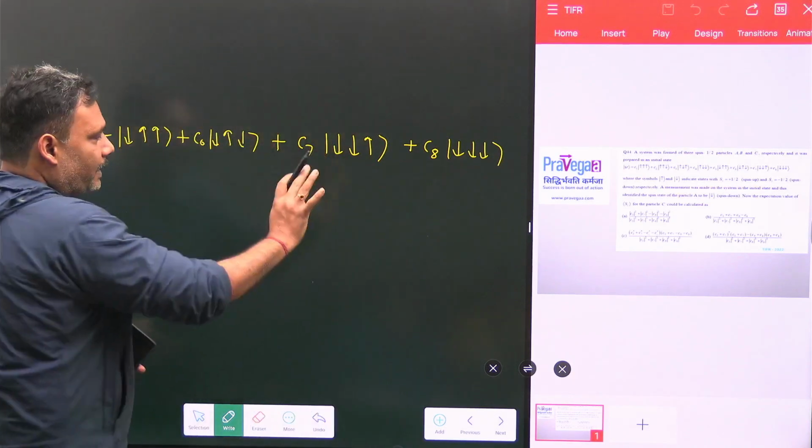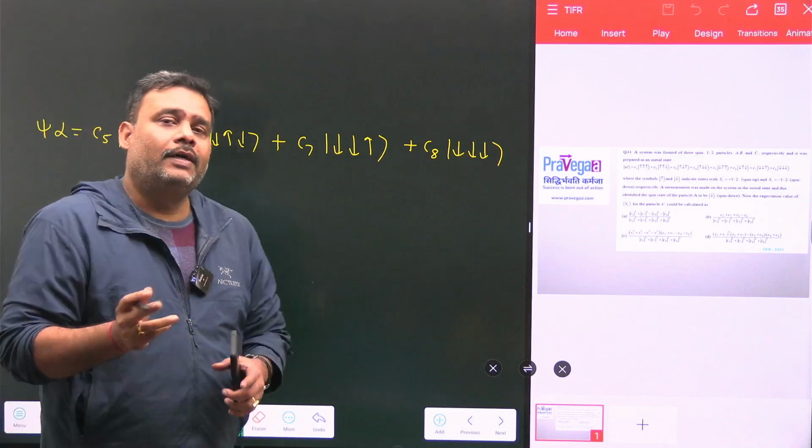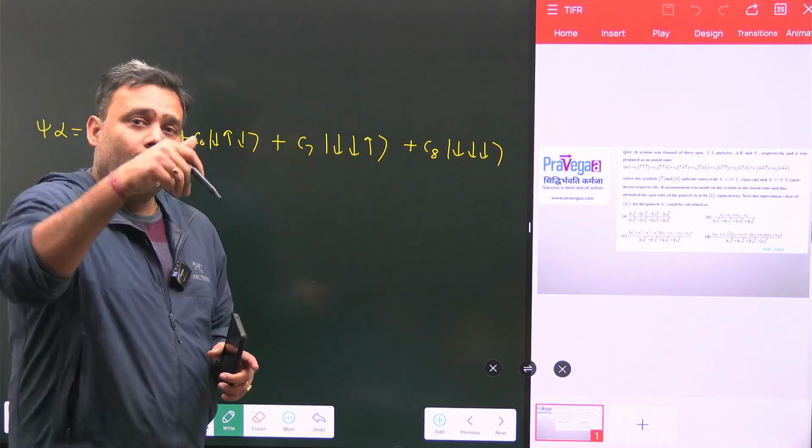So this is my state after measurement of the Sz component of the A particle, which is downward.